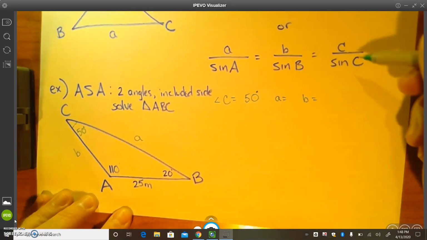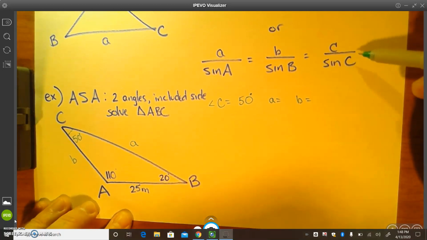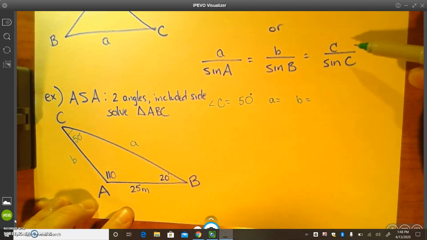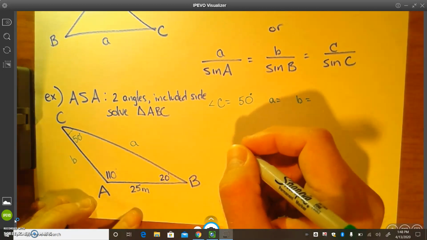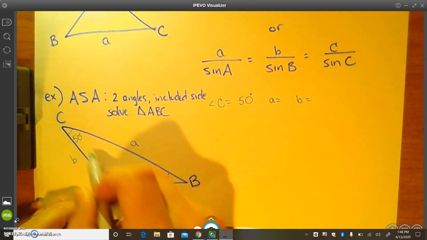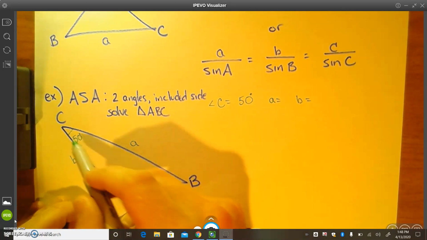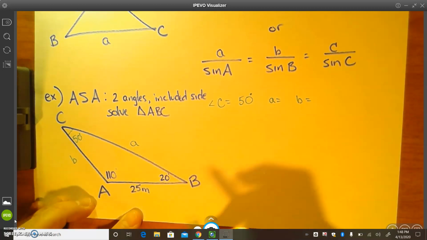Now this is where we're actually going to use the formula. I'm going to use the second version of it because usually if I'm solving for a side length, I like those to be in the numerator position. So we now have a complete pair of opposites: angle C and side c are given to us.